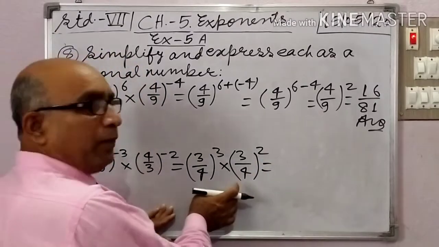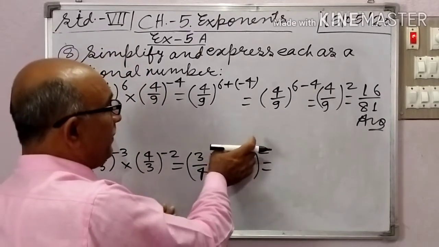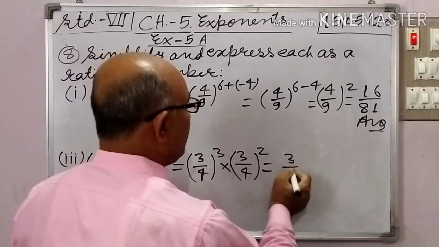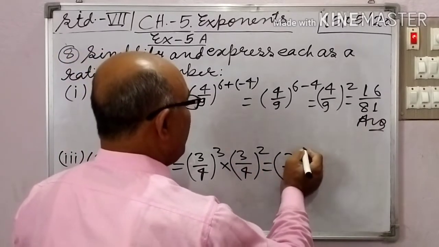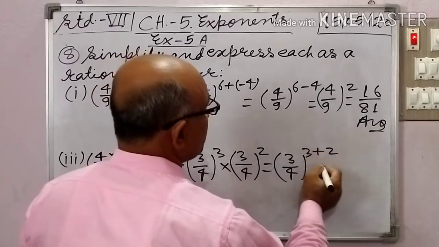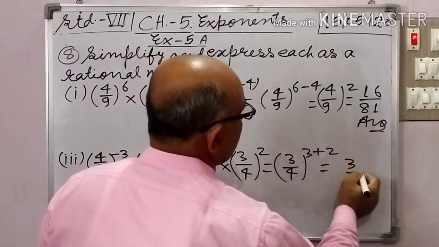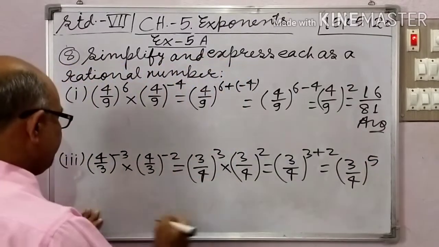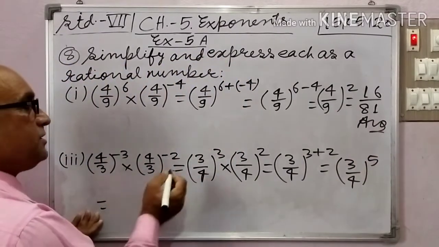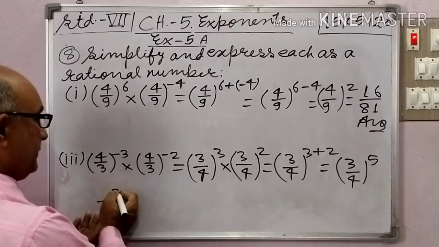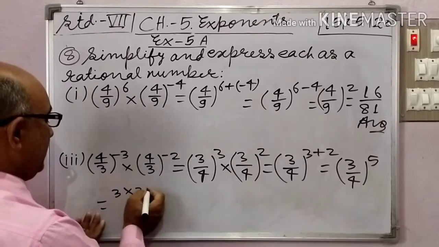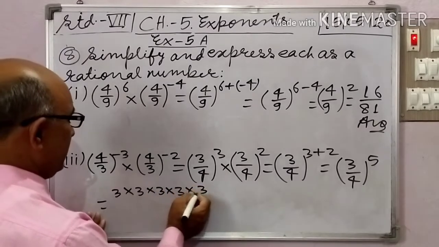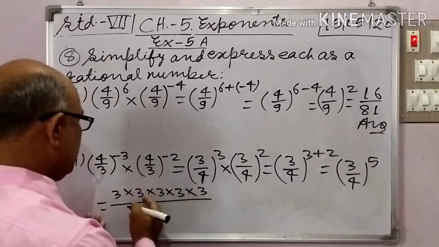Now with the help of the formula, a by b to the power m into a by b to the power n equal to a by b to the power m plus n, 3 plus 2 equal to 3 by 4 to the power 5. That means 3 to the power 5: 3 into 3 into 3 into 3 into 3, 5 times.